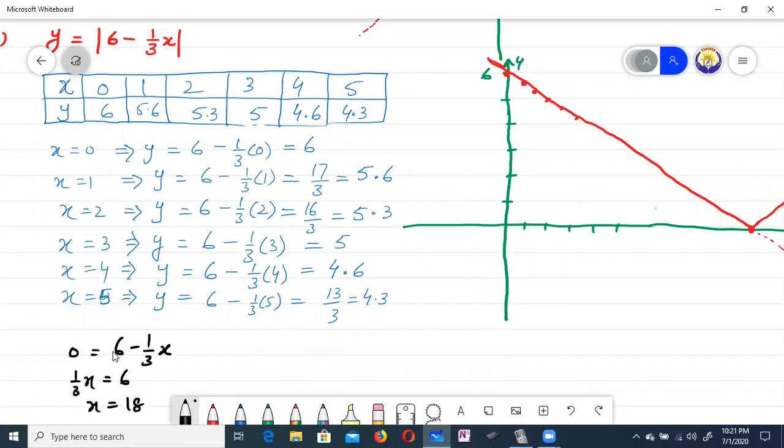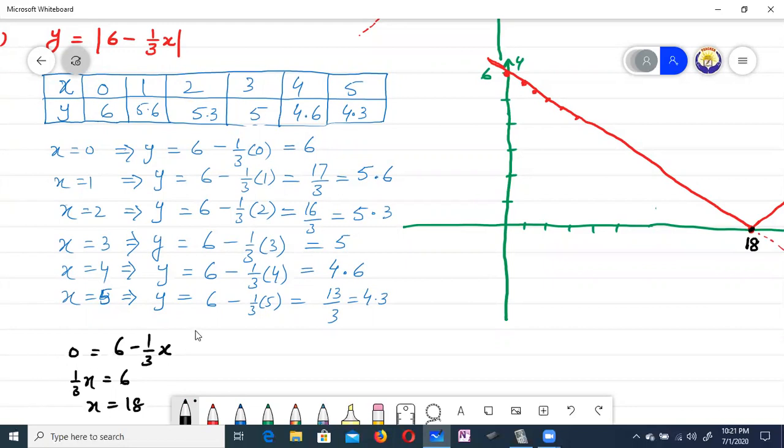Means the value here is 18. At x equal to 18, this is crossing the x-axis.